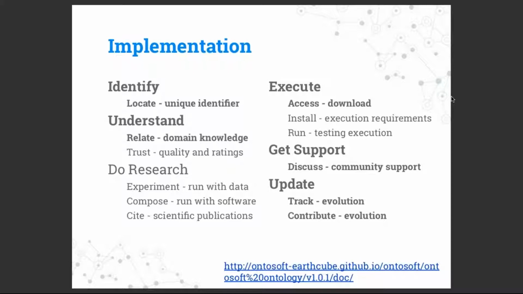Executing the software. That's essential information, just being able to access and download it. Getting support is critical for community discussions, as well as finding out how to maybe use the software for your particular use case, as well as file issues and so forth, as well as updates.